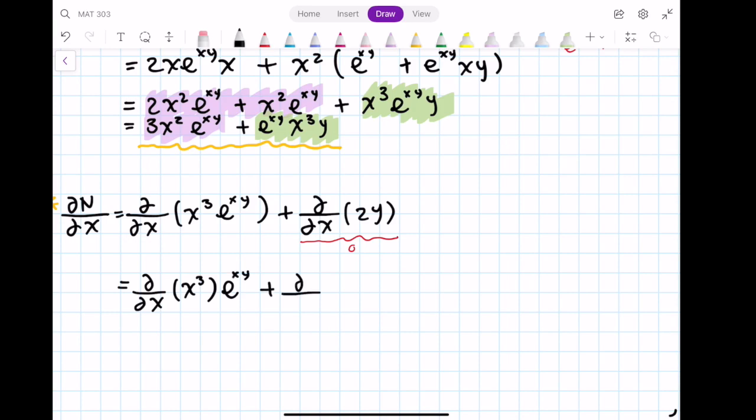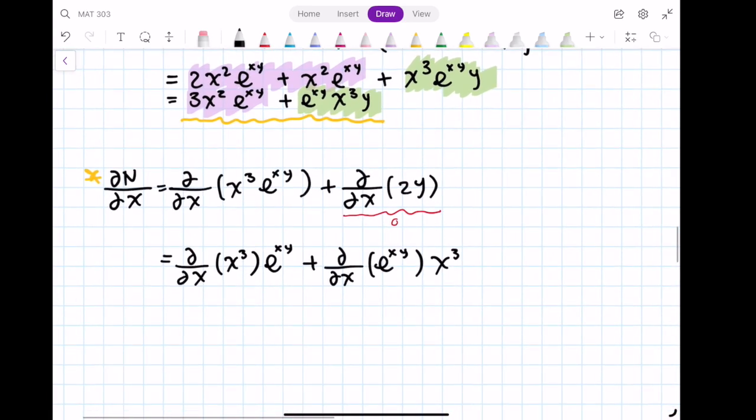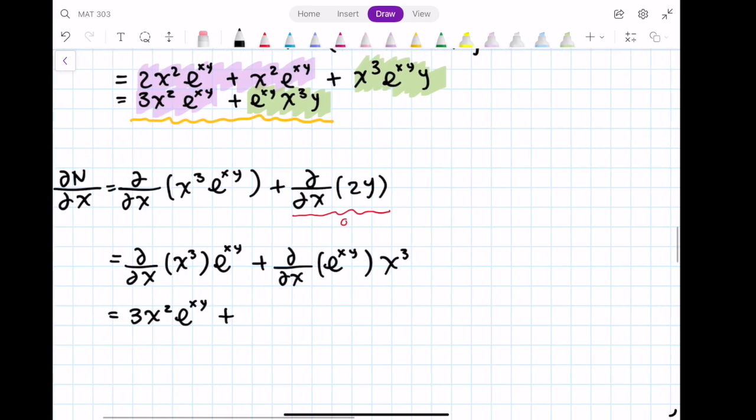And now we're gonna do the partial with respect to x of our exponent, right? And our x cubed is gonna be the same. So we're gonna solve this. We know that it's gonna be 3x squared, and then the exponent is gonna be the same, and here plus the exponent is gonna be the same.